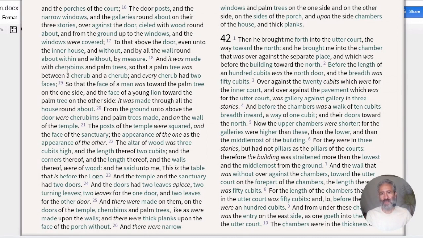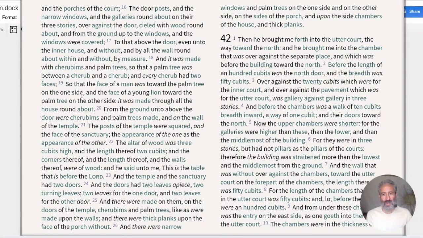So it was made with cherubims and palm trees, so that a palm tree was between a cherub and a cherub. And every cherub had 2 faces. So that the face of a man was towards the palm tree on one side, and the face of a lion was toward the palm tree on the other side.